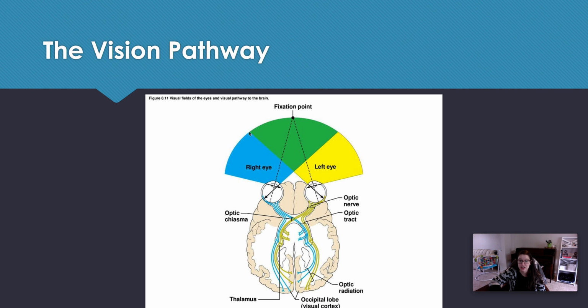Okay, so we need to share that information so that when only the left eye information is coming in, both my left and right occipital lobes are able to interpret. By having both sides interpreting and receiving information from both sides, that's how we can get our depth of field so that you know how far to reach for something or how far something is away.